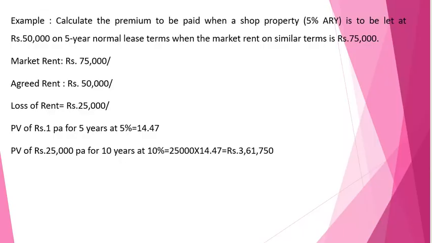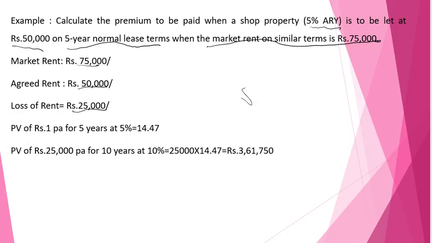Calculate the premium to be paid when a shop property with 5% annual return yield is to be let out at 50,000 on a 5-year lease, when the market rent for similar properties is 75,000. So you know market rent is 75,000, agreed rent is 50,000. So loss of rent is 25,000. So what you have to do?